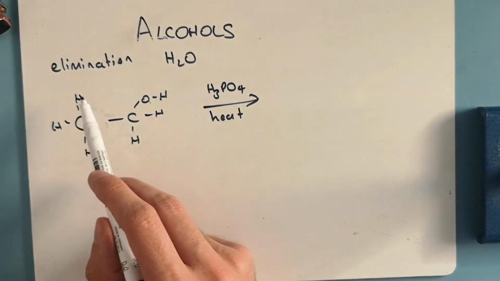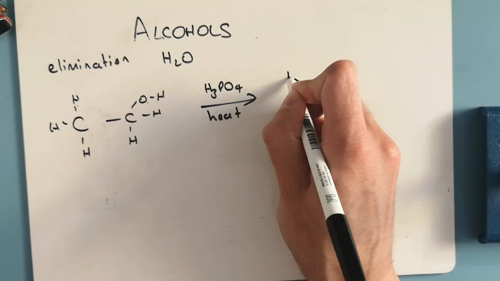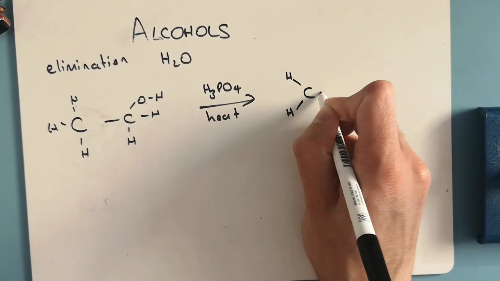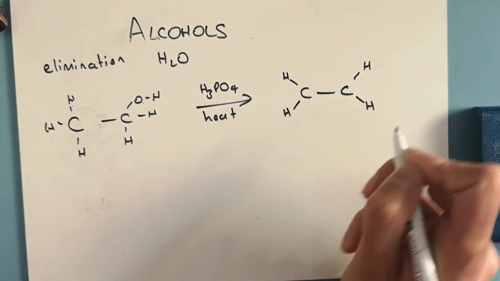So it's coming from the carbon on the other side. And that leaves us with a carbon with just 2 hydrogens on either side.